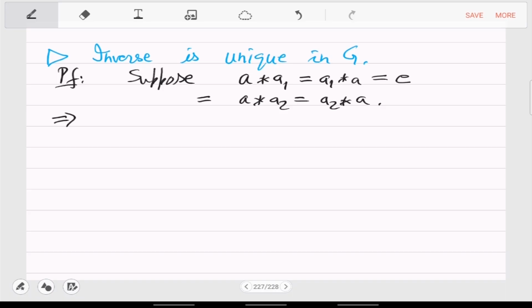The very first expression, you can multiply on the left. There are two sides of an element, right? The right side is occupied by A1, the left is free, so you multiply that by A2. If you do that, then A2 star A1 is A2 star E, which is A2. I can also use the other expression as well.